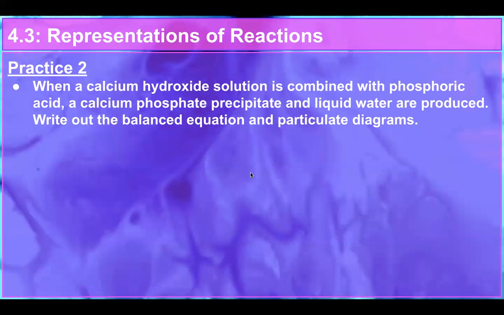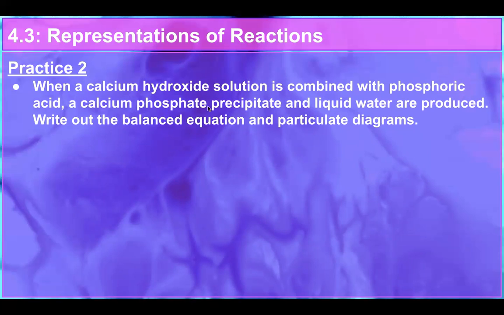For the next problem, you have calcium hydroxide, and it is combining with phosphoric acid, and a calcium phosphate precipitate occurs, and then liquid water is also produced. So we've got our reactants. These are both going to be aqueous since they are in solution.